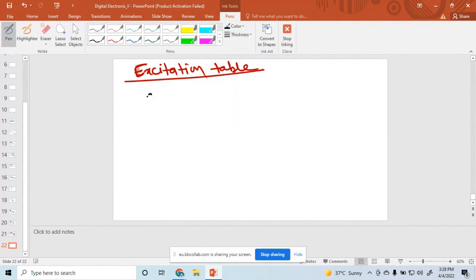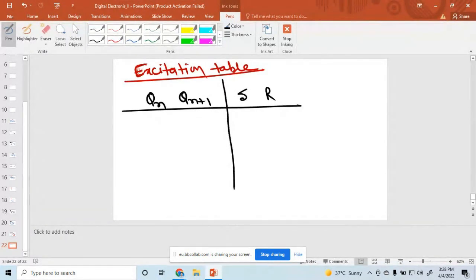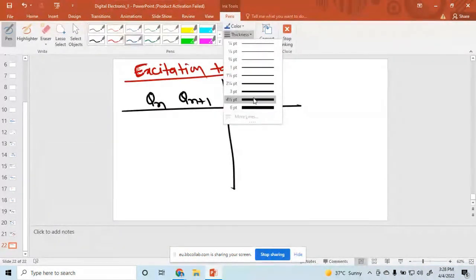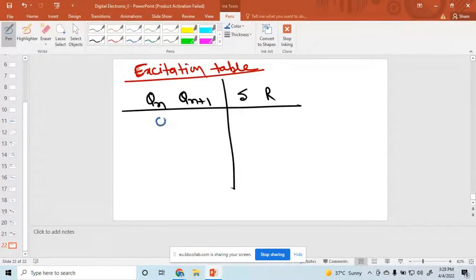Suppose previous state is called Qn, next state is called Qn plus 1, and S and R. So it's the combinations. I'm writing these combinations. It may be 0 0, it may be 0 1, it may be 1 0, or 1 1.